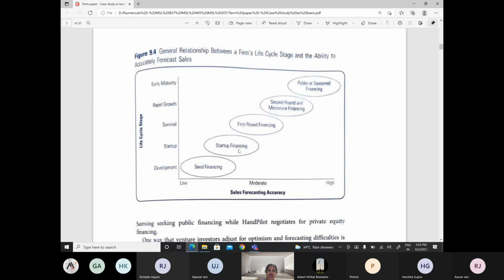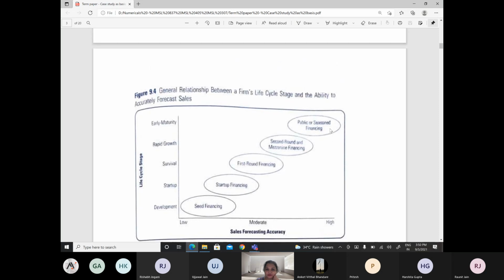As you grow through your life cycle stages, it becomes easier for you to forecast sales because you now have some realistic market data and you have customers, you're in touch with them, and so you can understand the demand. So this is just a chart to tell you about the relationship between life cycle stage and sales forecasting accuracy.